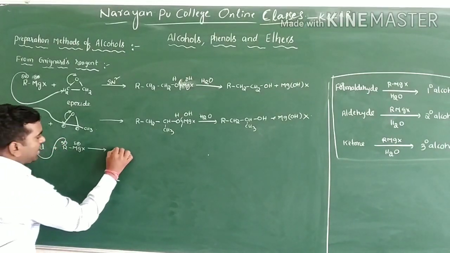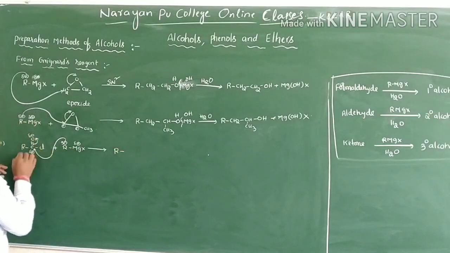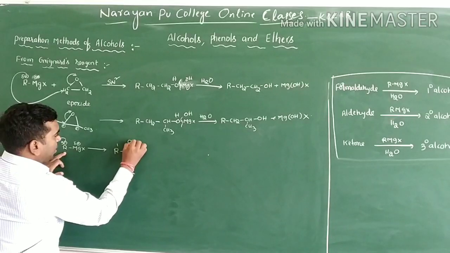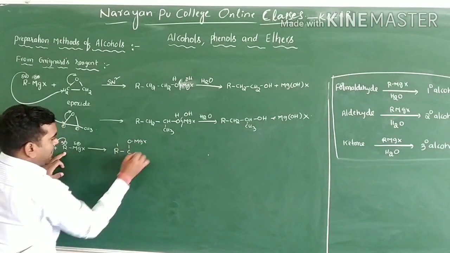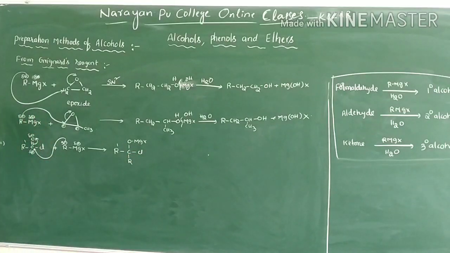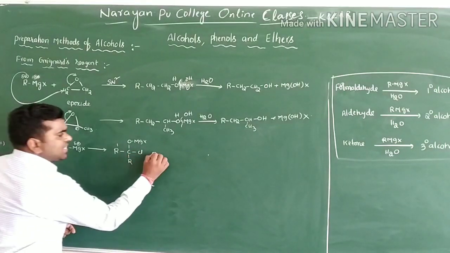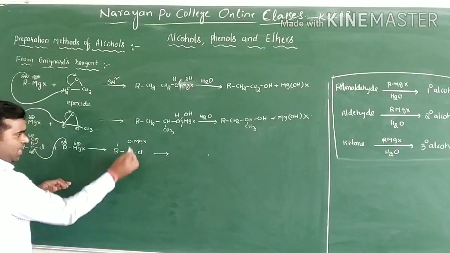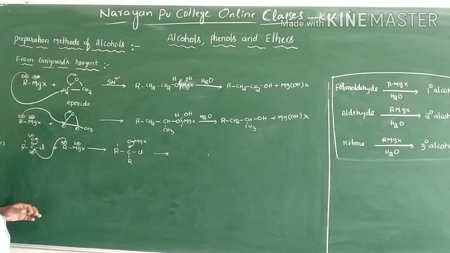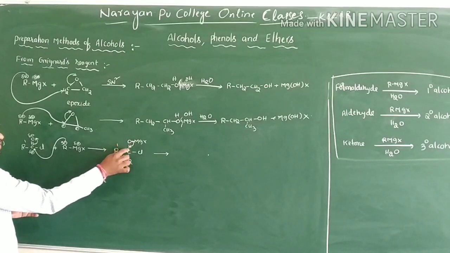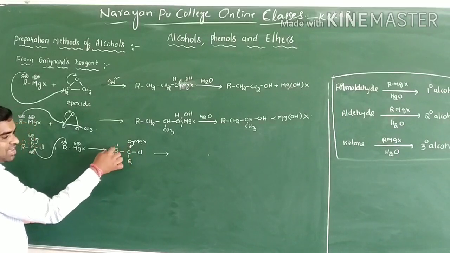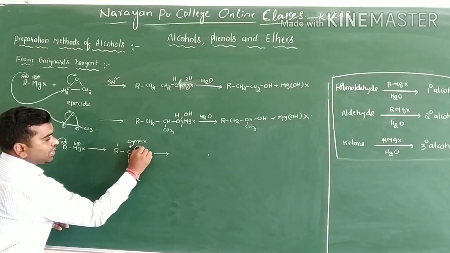So you get R, R dash, C-O-MgX. Chlorine is a very good leaving group. This bond comes here, and the previous single bond now becomes a double bond. When it becomes a double bond, carbon would have five bonds, so chlorine leaves.